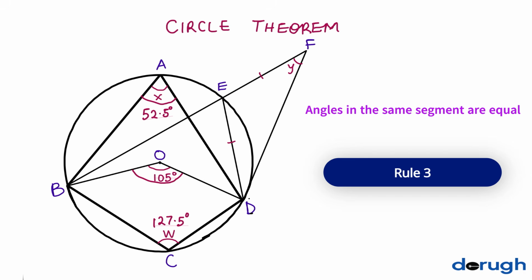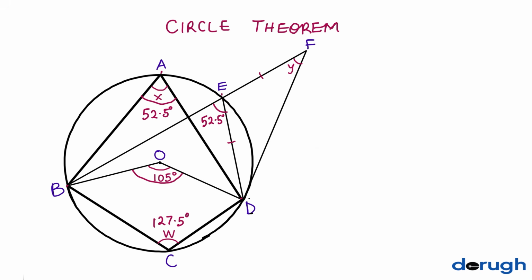How do we apply this? If you notice, the angle at A and the angle at E are both in the same segment because they're going in the same direction and they stem from the same points B and D. Therefore, this angle is also 52.5 degrees.